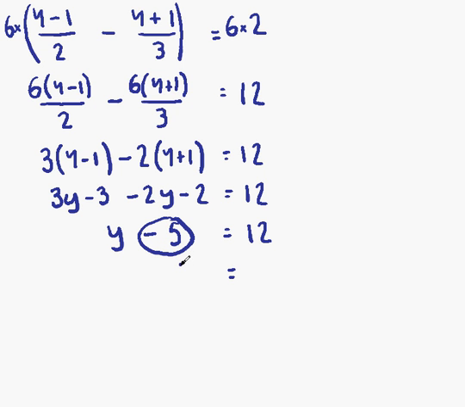Putting down the things that are staying where they are, well, we have y on the left hand side, 12 on the right hand side. Minus 5 is going to change sides, so we change sign, it becomes plus 5. That means y equals 12 plus 5, y equals 17. And that's our final answer.